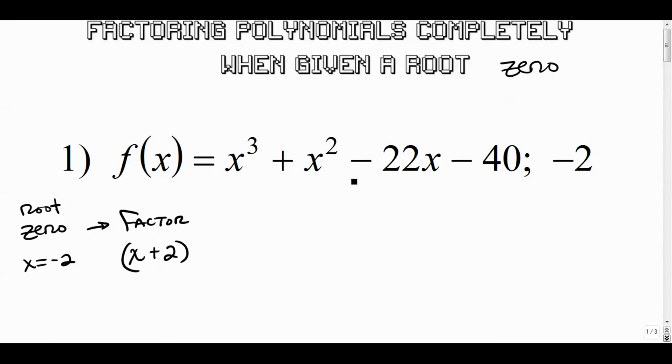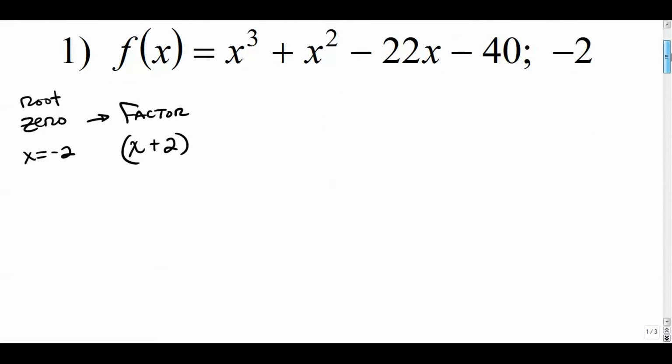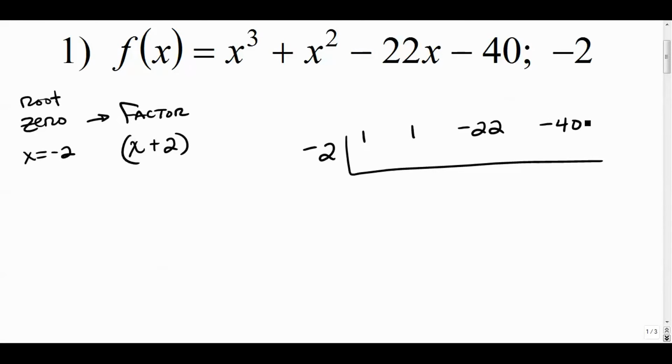So what I want to do next is figure out the other factors. So what I'm going to do is divide out that root synthetically. I'm going to do some synthetic division. If this is a little bit confusing to you, go back and check out my synthetic division video. But just really quickly, this is a 1 coefficient, this is a 1 coefficient, -2 is the 2 coefficient, and the constant's -40.